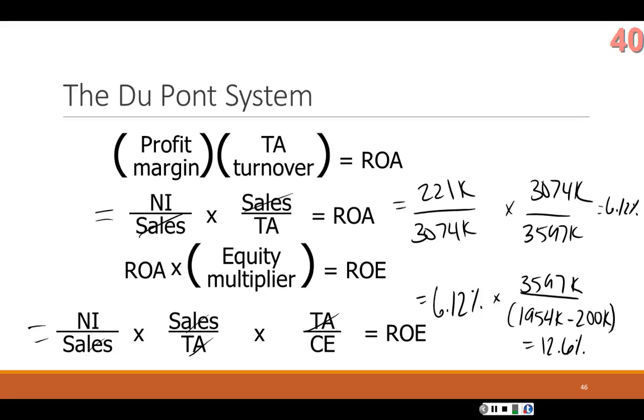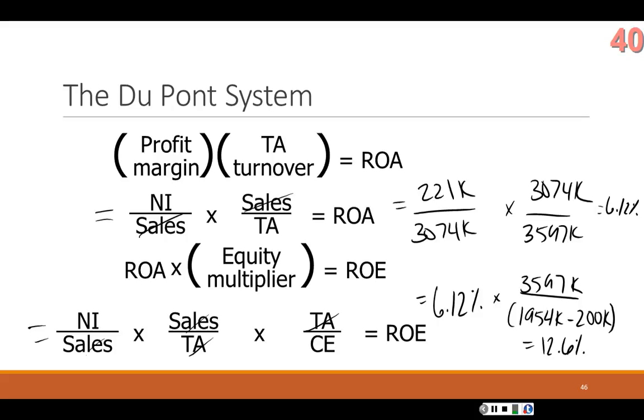So ROA, that means that this company made 6.12 cents on every dollar of sales. Oh, I'm sorry, their profit margin was 7.2%. So they made 7.2 cents on every dollar of sales, and assets were turned over 0.85 times during the year, so that makes ROA 6.12%.